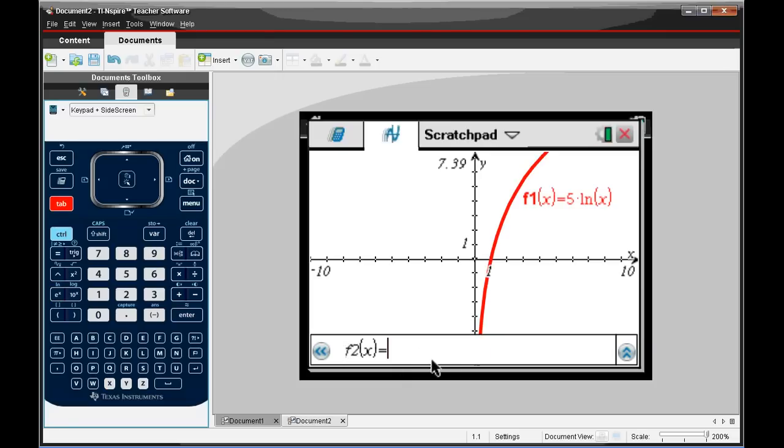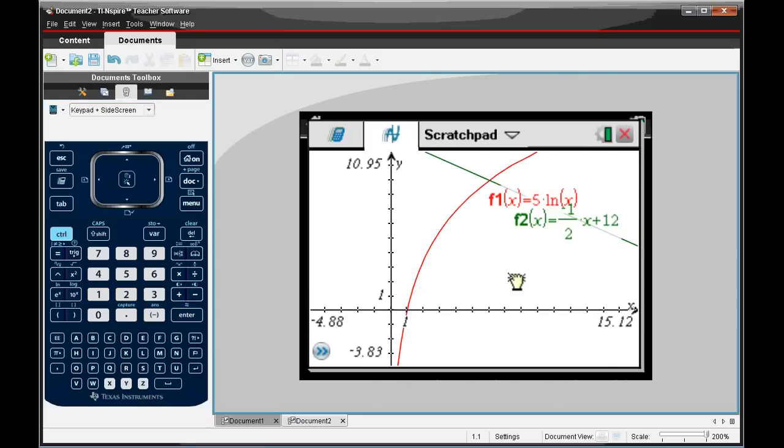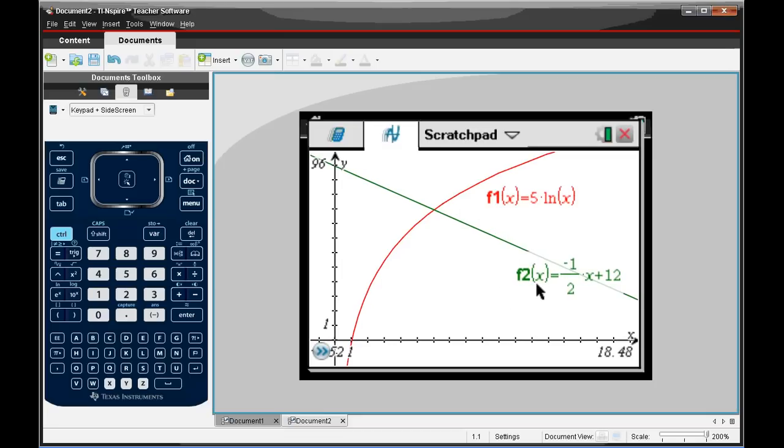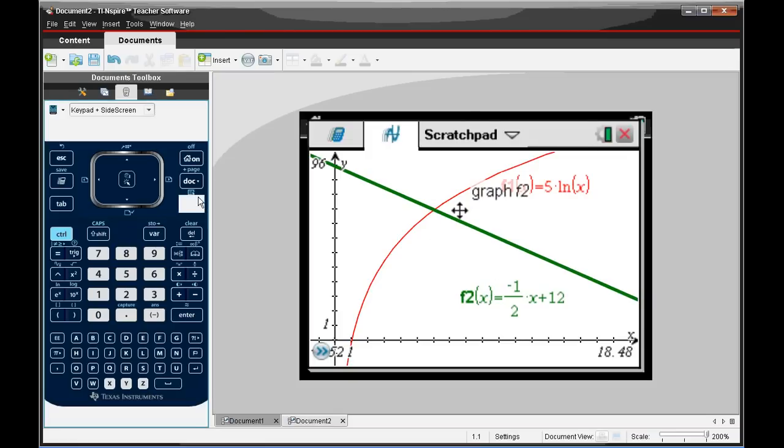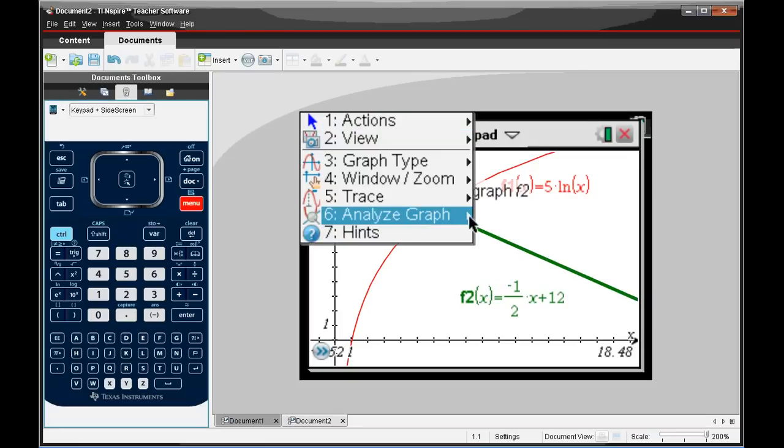So then the next function will be our right-hand side, which was negative 1/2 of x, and then plus 12. So I may need to move the screen around a little bit to see both of our functions. So in green we've got the negative 1/2 x plus 12, and in red we've got the 5 ln of x.